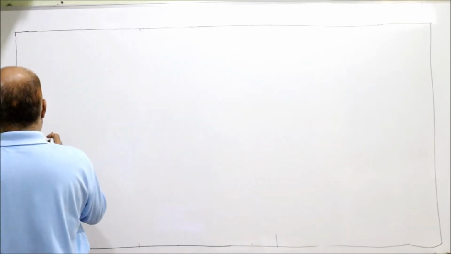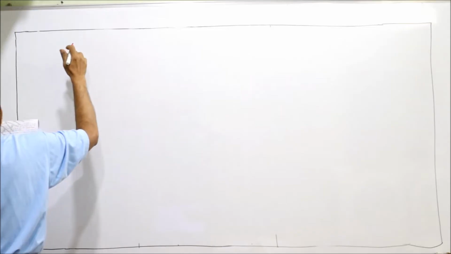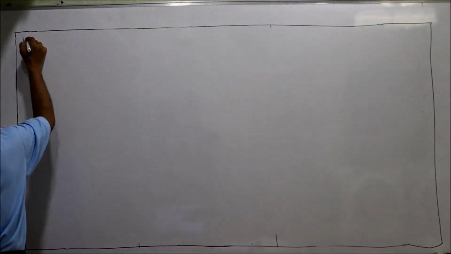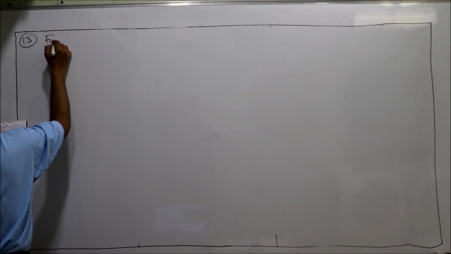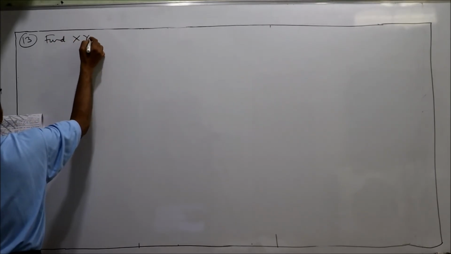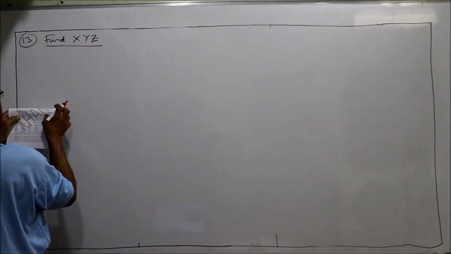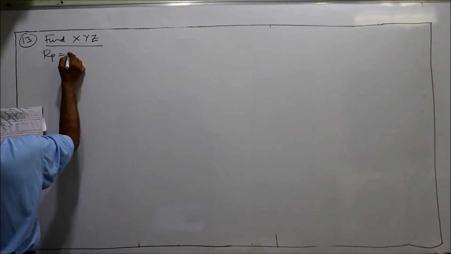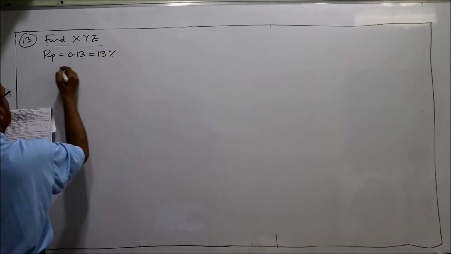So fund XYZ, it is problem number 13. XYZ has a mean sample return, that is nothing but RP. 0.13 is equal to 13%.